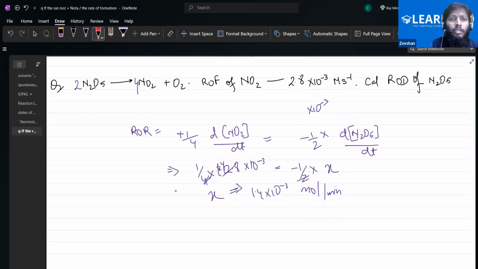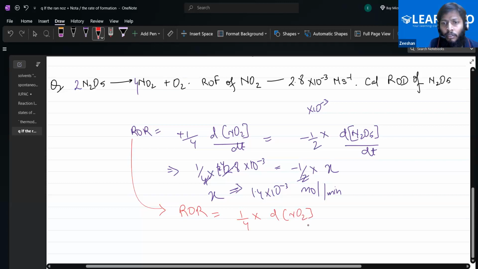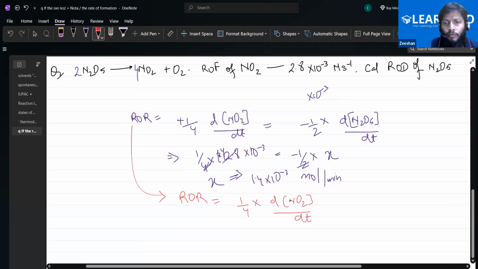So I hope you both have got the answer, right? Yes, sir. Zaina, now for example, if the question was asking the rate of reaction also, see what I will do. 1/4 times this. Am I correct in writing this formula? Is this okay? Yes, sir. So we will just put down the values.